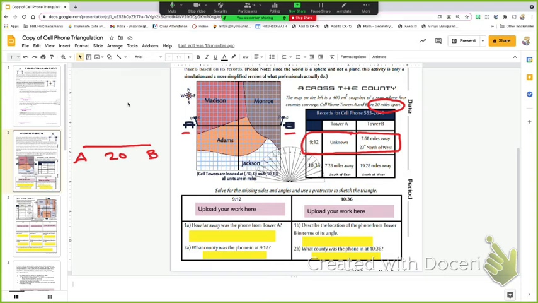So picture being at point B, going towards the west and turning towards the north 23 degrees. That would be this angle right here, 23 degrees. And this distance would be 7.68 miles.